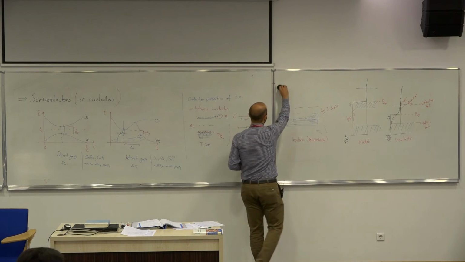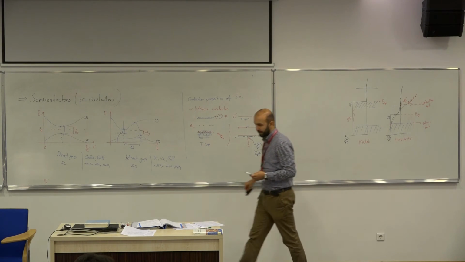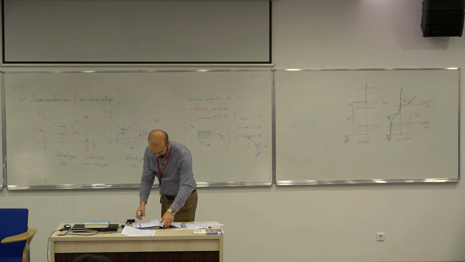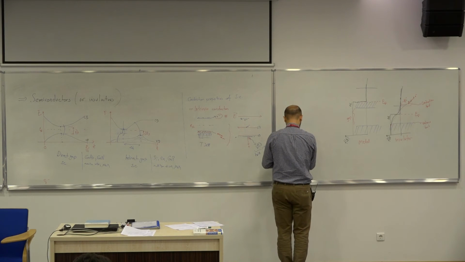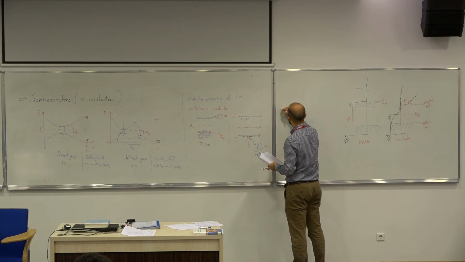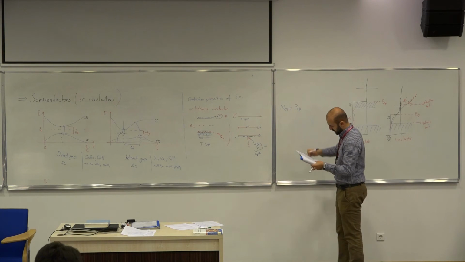Now, for the intrinsic case, again, let's write this down. Number of conduction electrons are equal to number of holes in the valence band.